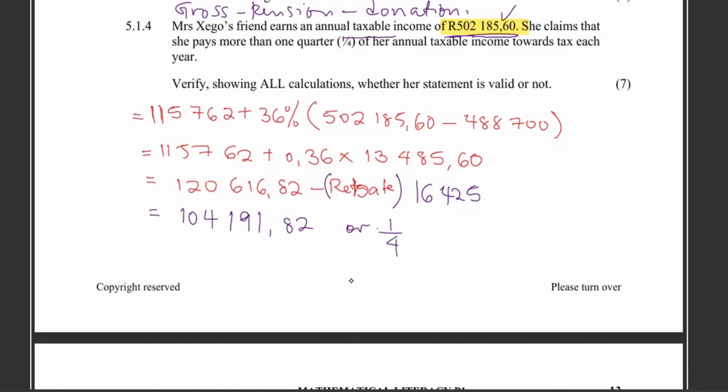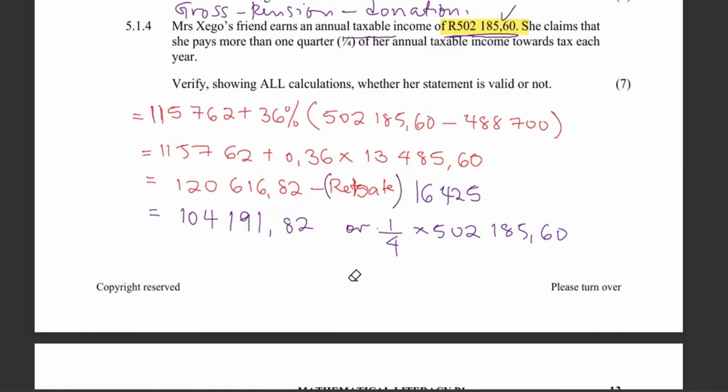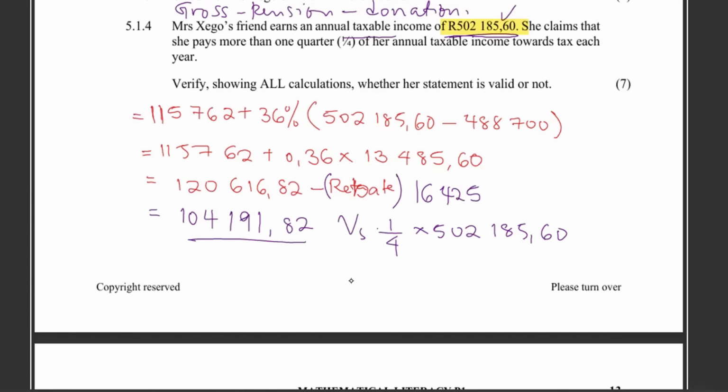So it's a quarter of her, this is the annual tax paid, versus a quarter of her money, which becomes, a quarter of her money is this much.